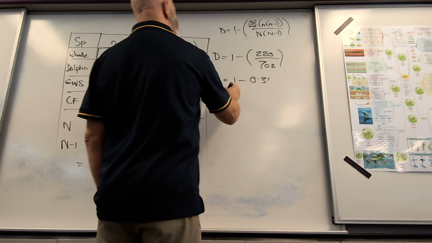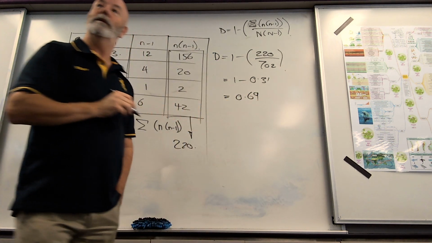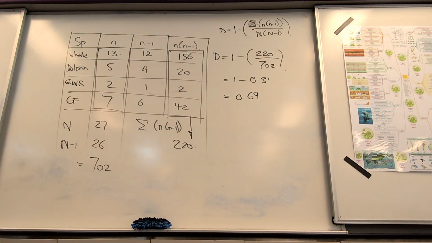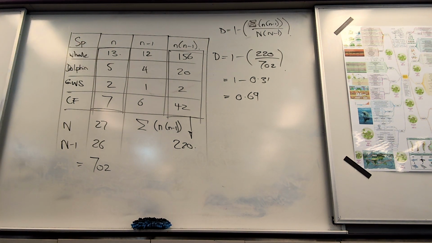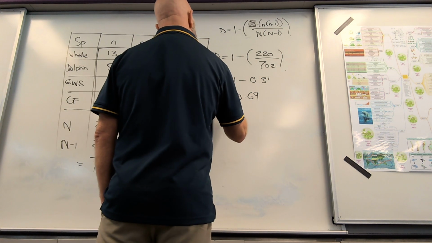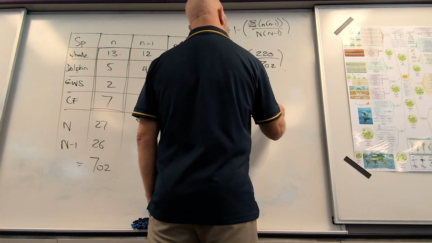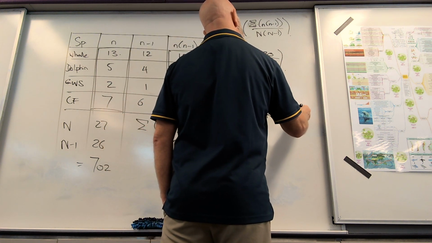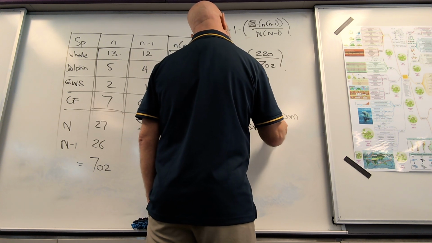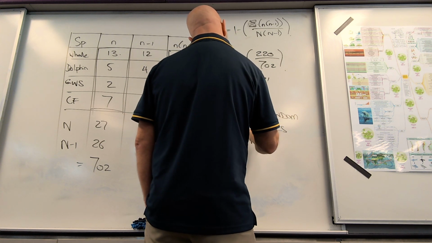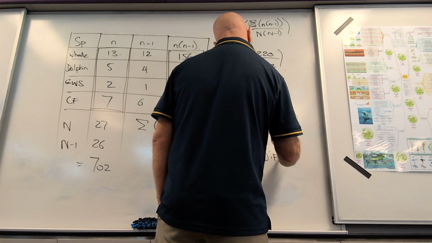So 1 minus that, 0.69. Yep. Then you need to say what it means. And what this means is there is a 69% chance that 2 randomly selected individuals will be different.